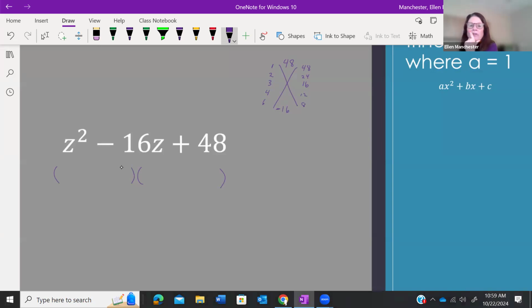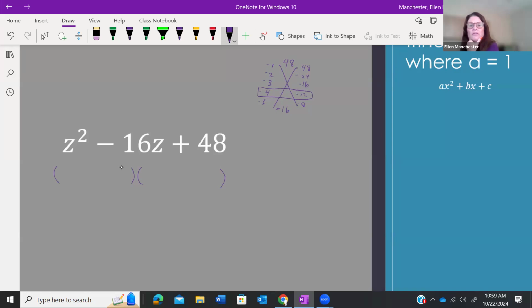Okay, so because I'm multiplying to get a positive, but I'm adding to get a negative, that means all of these have to be negative. So do you see the factors that add to give me -16? Yep, -4 and -12.